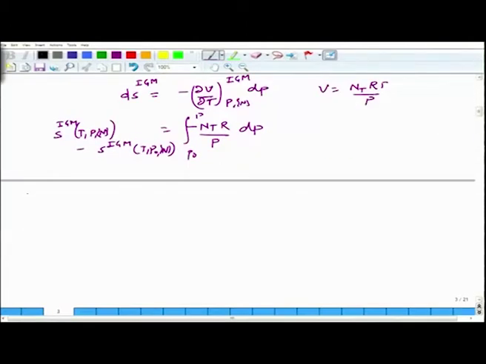Okay. So, I can now replace this. My left hand side expression is still S(T, P, n) minus S(T, P0, n).